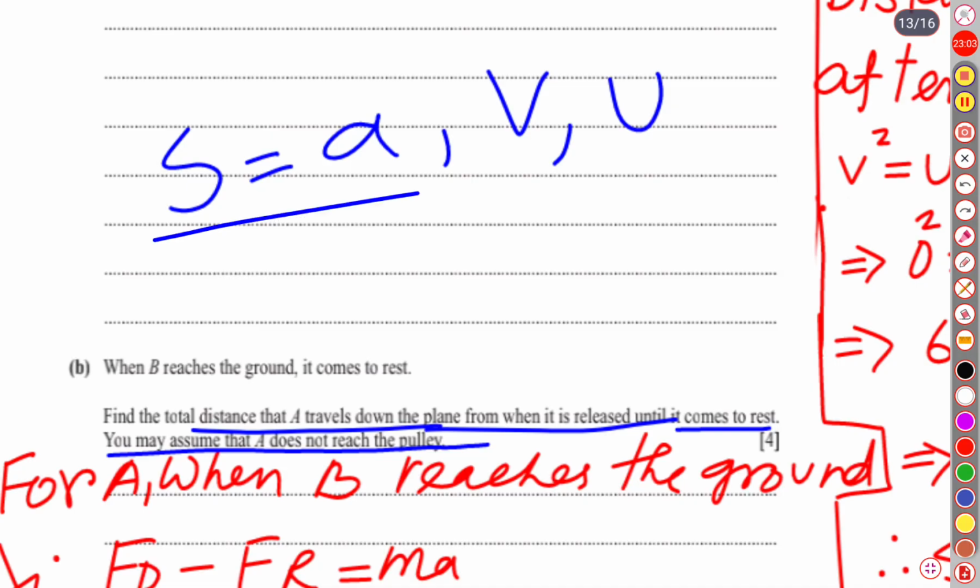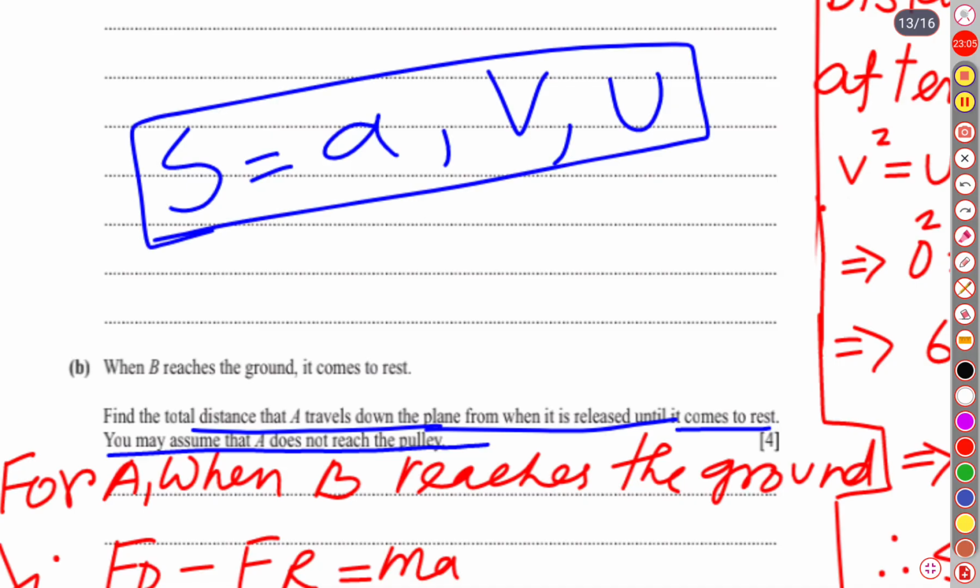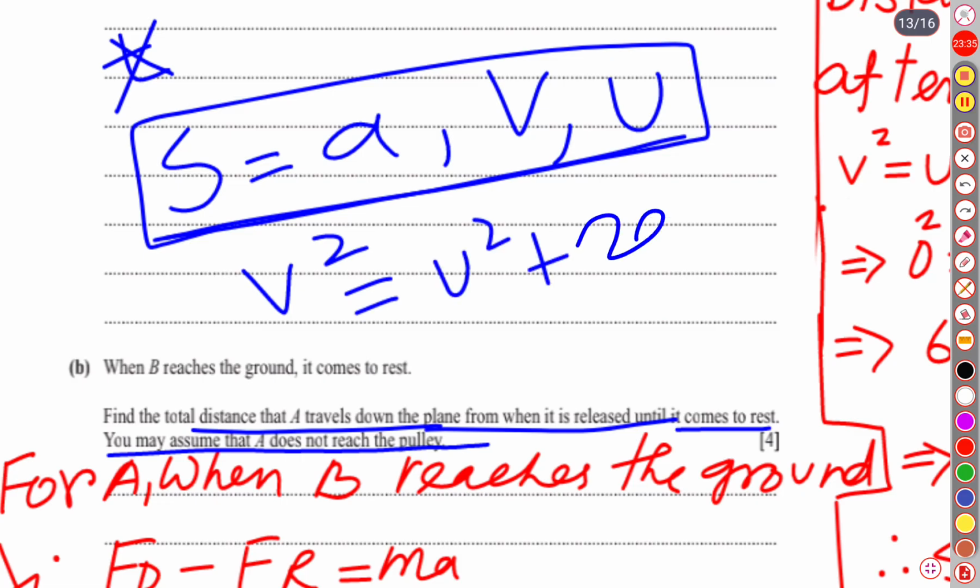As there is nothing related to time, we should not opt for the formula which contains t. Among the SUVAT formulae, except t, the other formula is v squared equals u squared plus 2as.